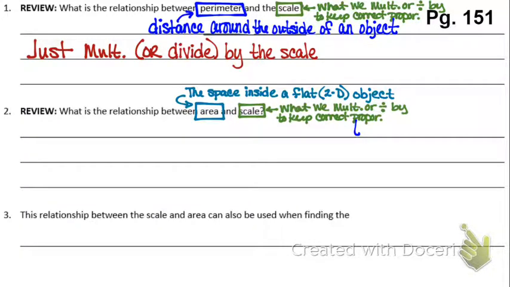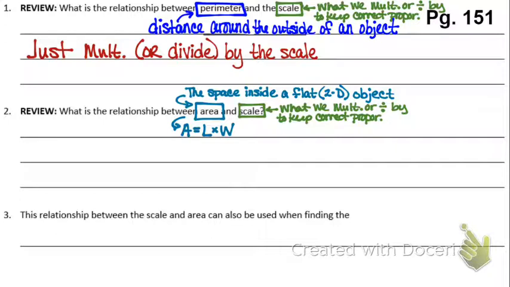When we were finding area on Monday, what operation did we keep using? Multiplication. We would take length and multiply it by the width, right? Area is equal to length times width.